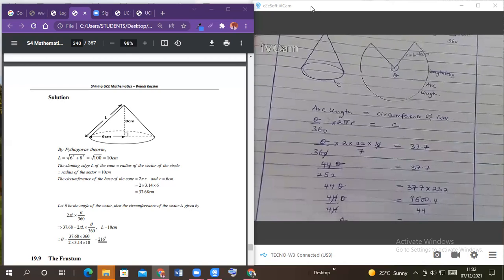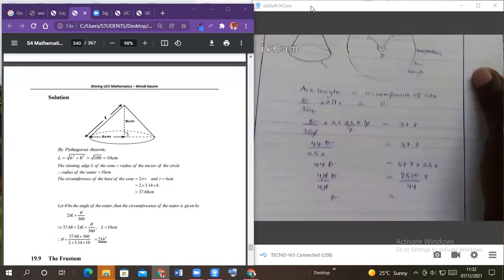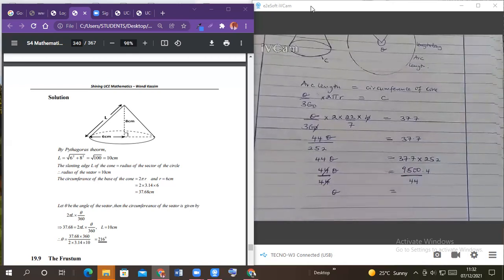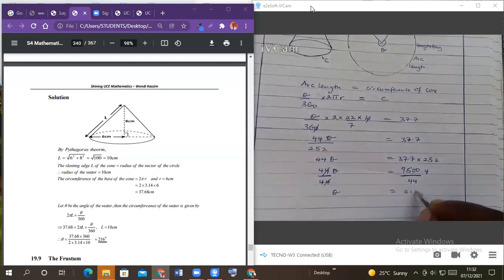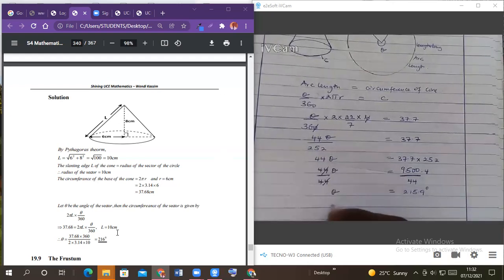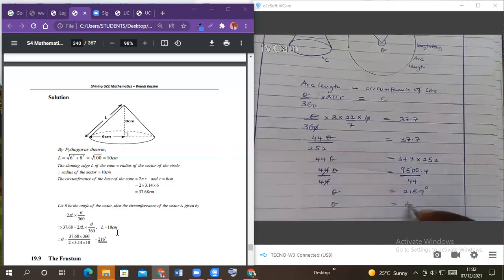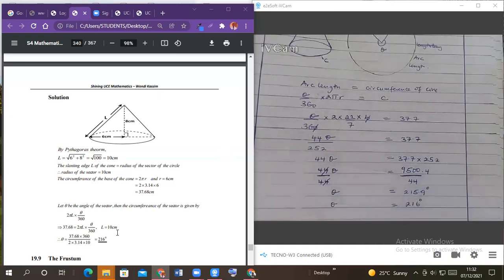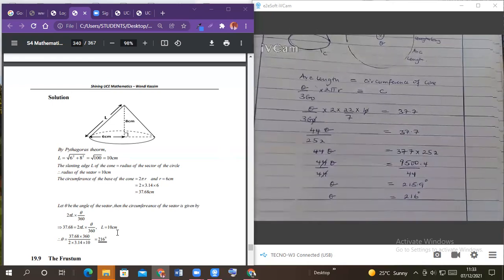Our theta should be equal to... So what do we get? I'm getting a big angle, which is 215.9 degrees. And what do they have? They got 216. So I think they rounded off to 216 degrees, which is still the same answer.